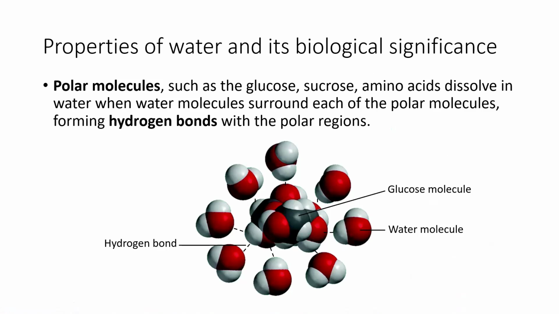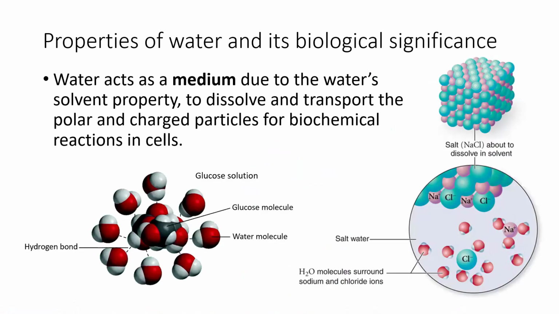So this is the difference between a polar molecule dissolving in water and an ionic compound dissolving in water. One forms a hydration shell, the other forms hydrogen bonds.